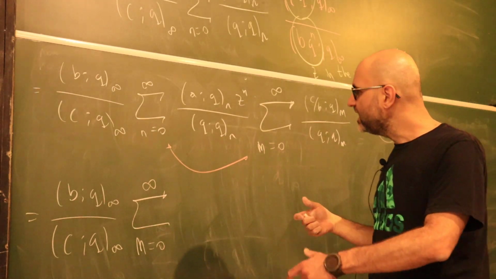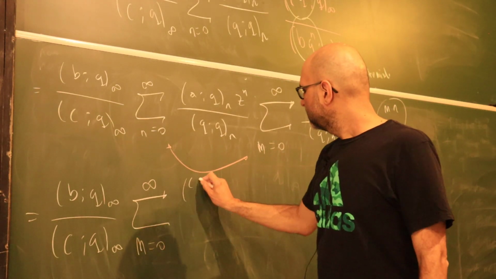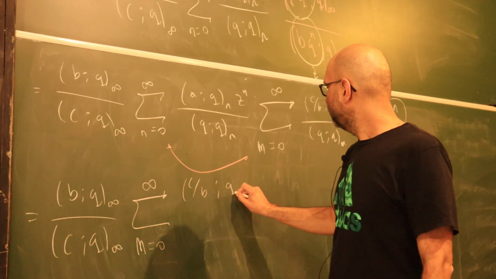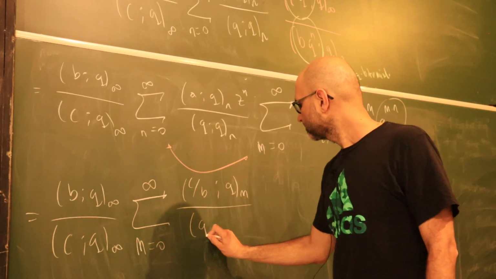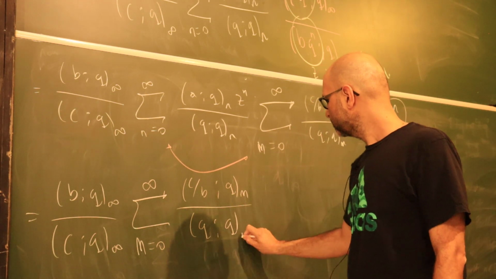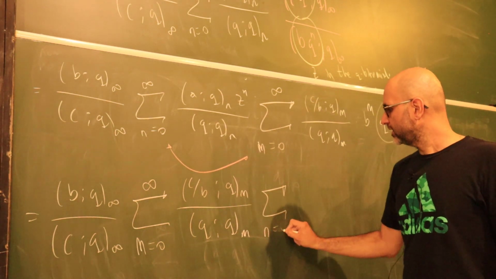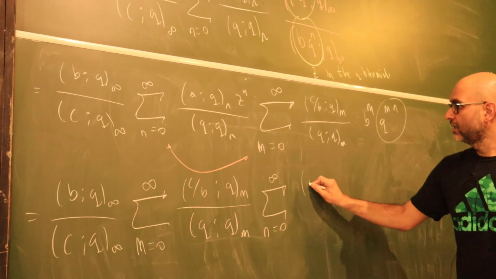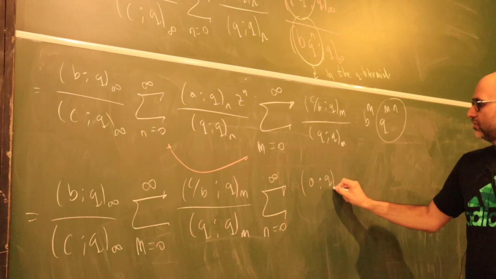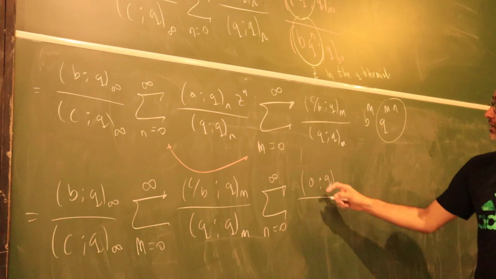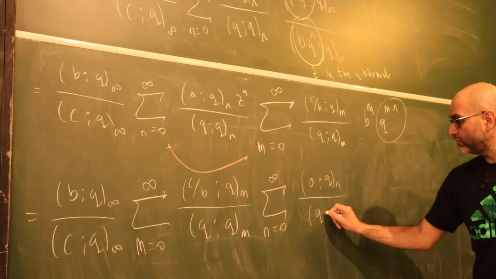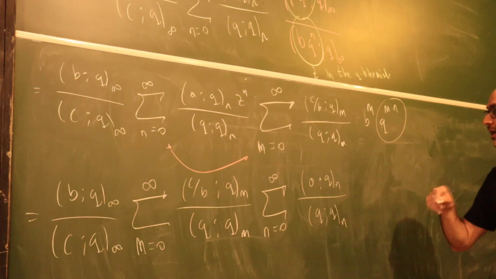So it has to stay inside. So we have C divided by B, Q sub m, Q sub m, and running from 0 to infinity, A sub Q, A Q sub n, Q sub n.